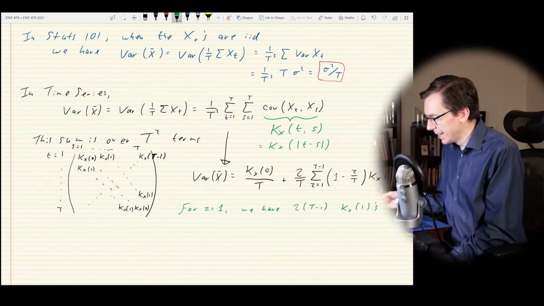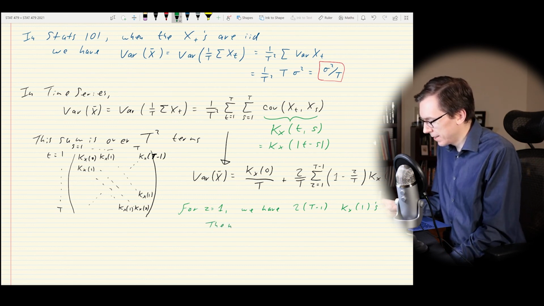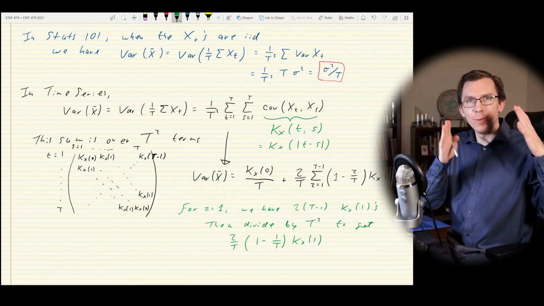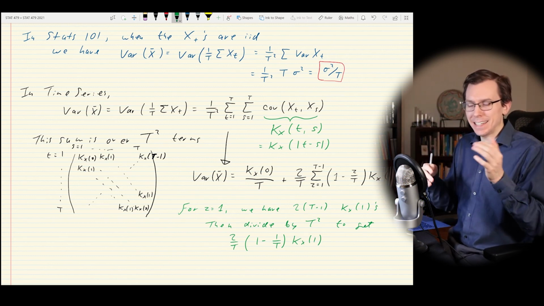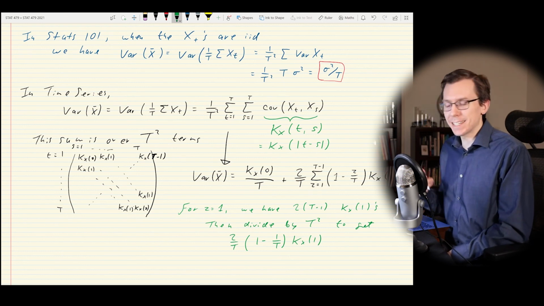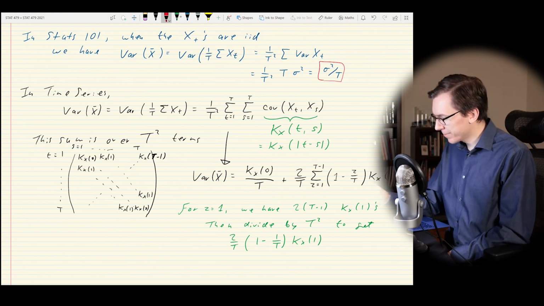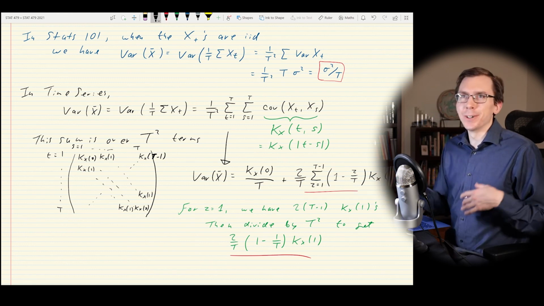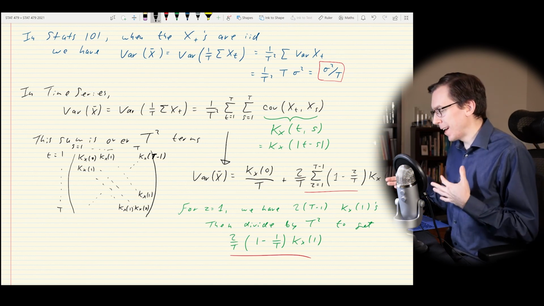And then when we divide by T squared, we get 2 over T and 1 minus 1 over T times Kx1. I take one T and divide the 2 by it, and take the other T and divide the thing in the parentheses by it. So this coincides with what we see in the summation up there. Again, we can use that to double check that the formula makes sense.